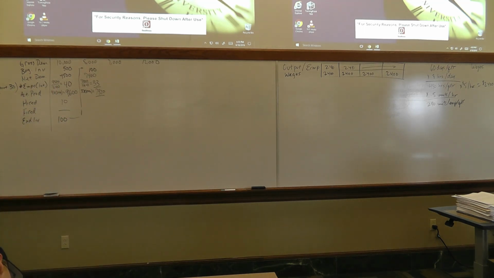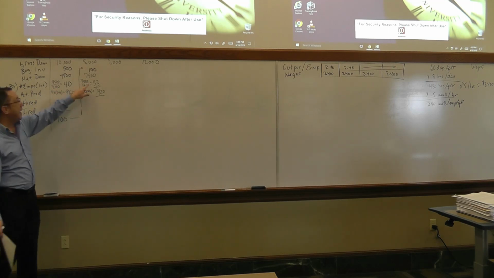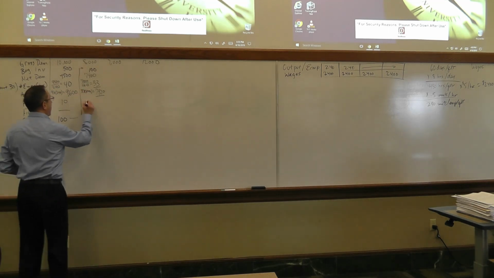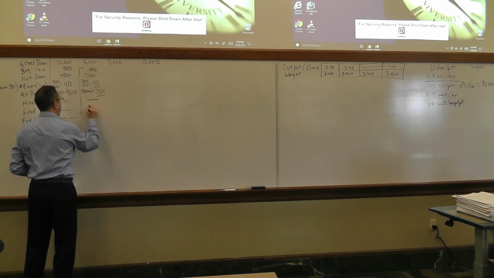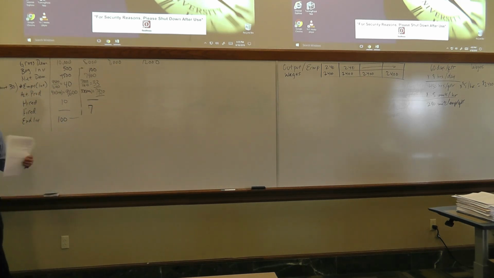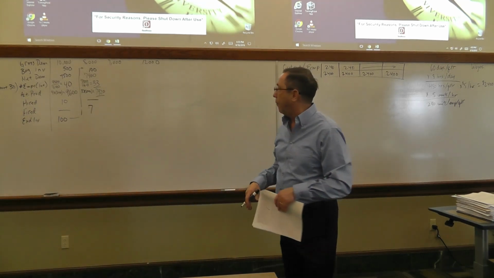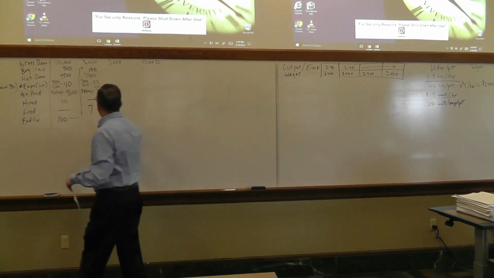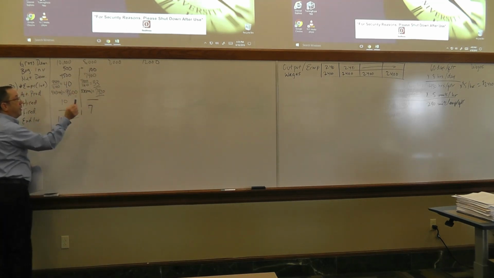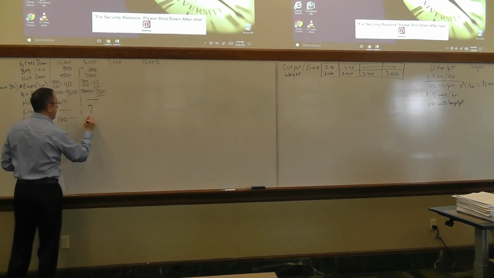Hired or fired, here's where students get hung up by continuing to look at our starting workforce. Doesn't apply anymore in the second quarter. We're going from the prior period when we had 40 workers down to 33, so we're not hiring anybody, but we have to fire 7. You start seeing the problem with a pure chase approach, is you keep screwing with your workforce from period to period. Actually produced 7,920, we only needed 7,900.